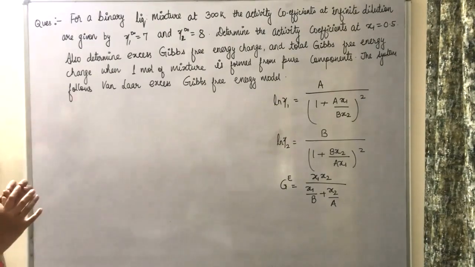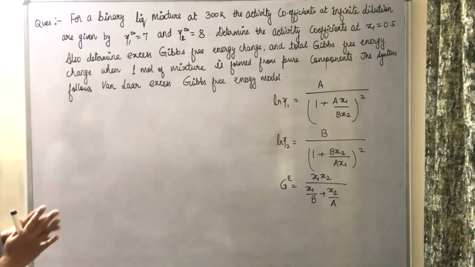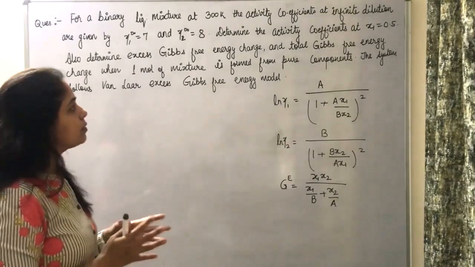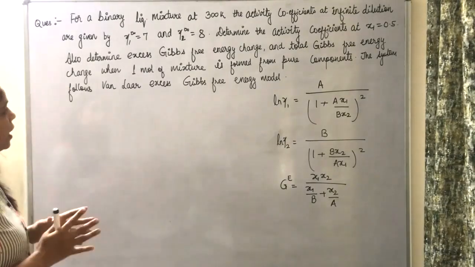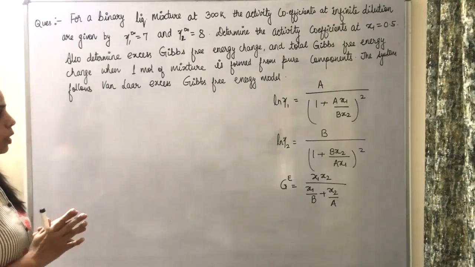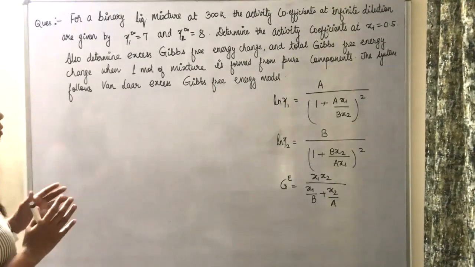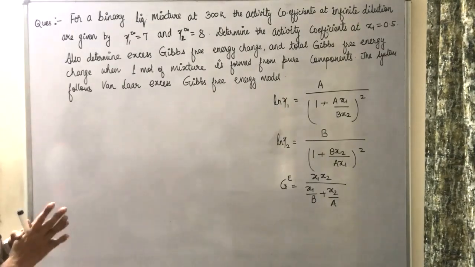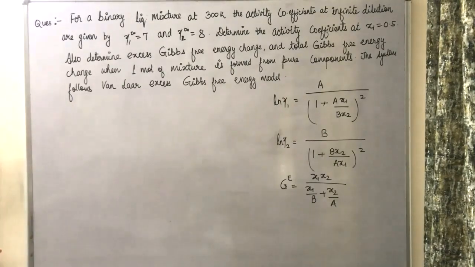Also determine the excess Gibbs free energy change and the total Gibbs free energy change when 1 mole of mixture is formed from pure components. The system follows the Van Laar excess Gibbs free energy model. So, a very simple, formula based question.